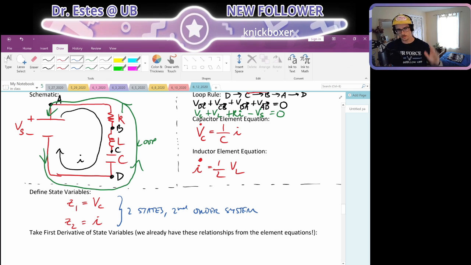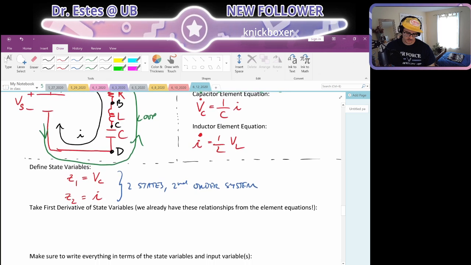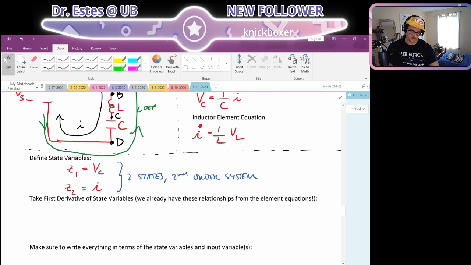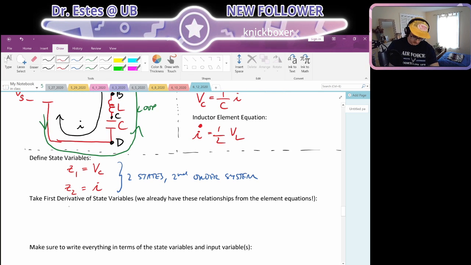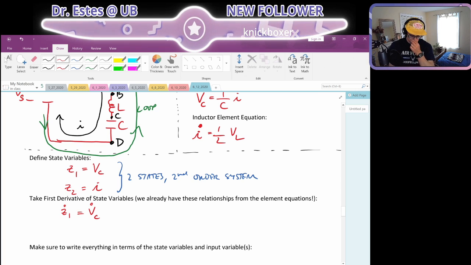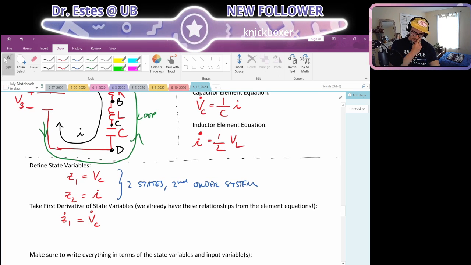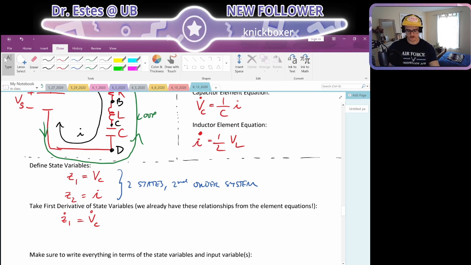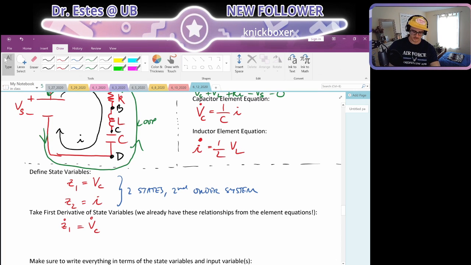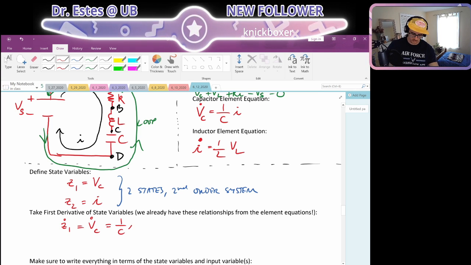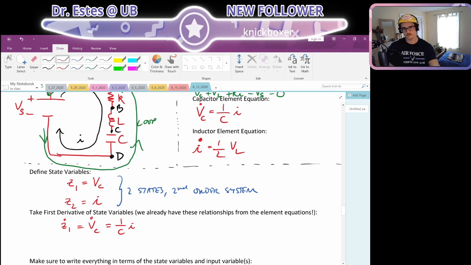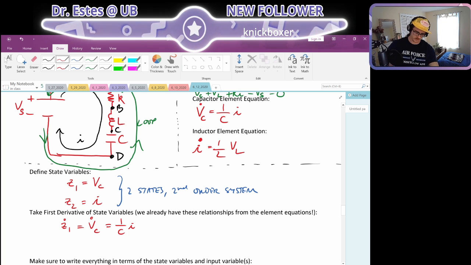Okay, now just like we did with the previous 2 examples, we have to take the derivative of these state variables. So Z1 dot is VC dot. And this is where our element equations come in, because I know that VC dot is 1 over C times I. All right, let's do our other state.